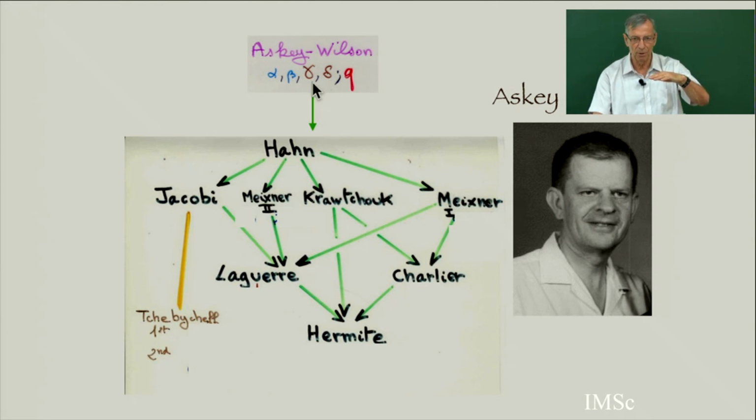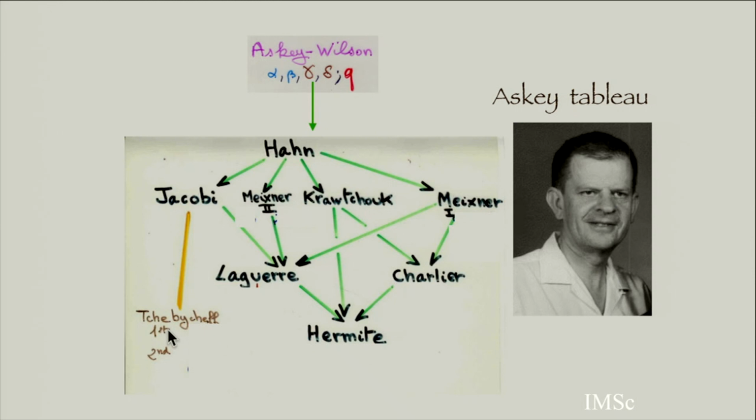And what does this tableau mean? What do the arrows going down, until the simplest polynomial Hermite, mean? Or you see Chebyshev of the first kind and second kind. The second kind we have seen, sine of (n plus 1) theta. The first kind is the other Chebyshev, for cosine. So what does this tableau mean? It means that if you take a limit of some parameter, or put some parameter equal to 0, or take some limit formula, you go from one level to a lower level.